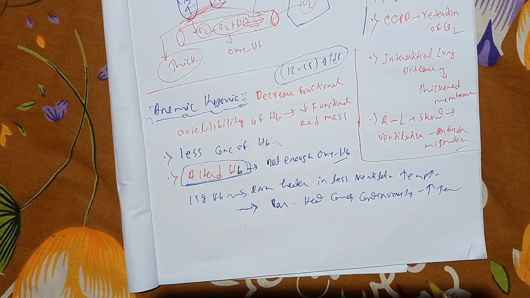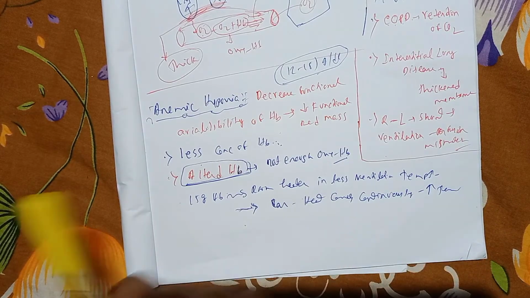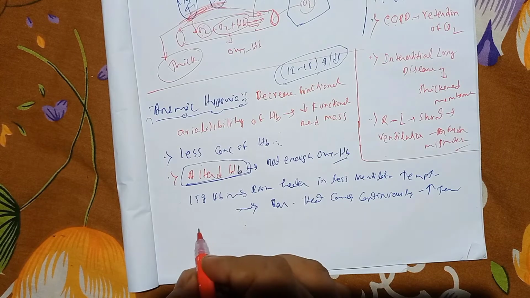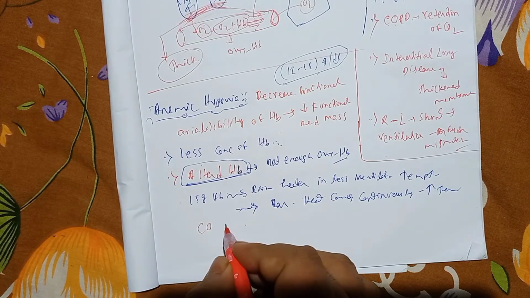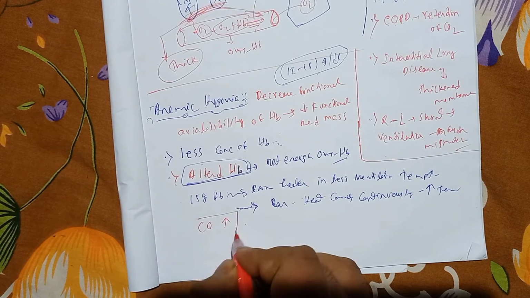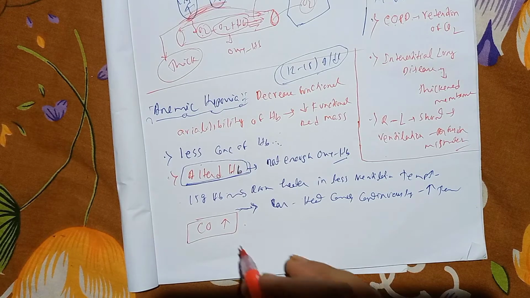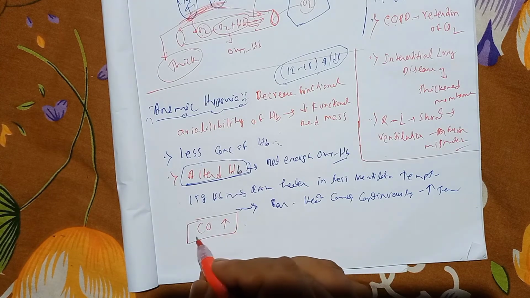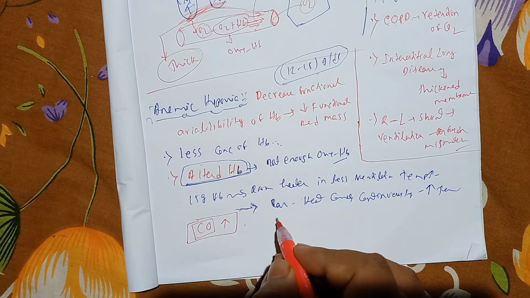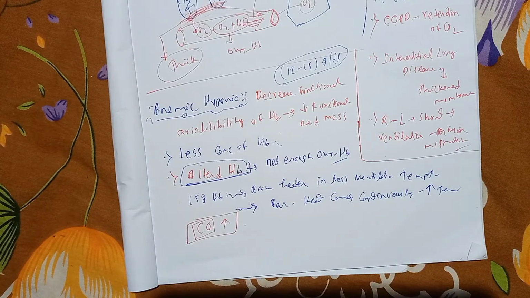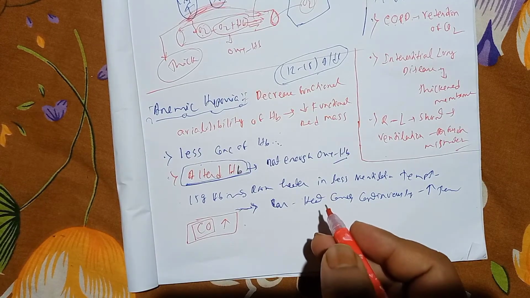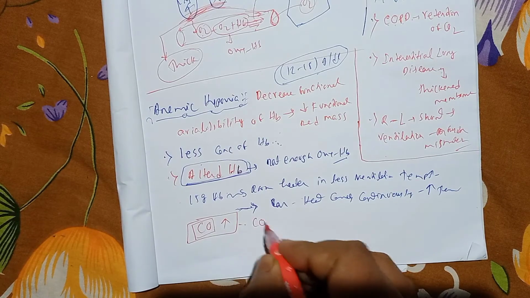So ultimately we can say the amount of the carbon monoxide will get increased, and whenever we take the carbon monoxide within our body, at the time what will happen? CO poisoning.